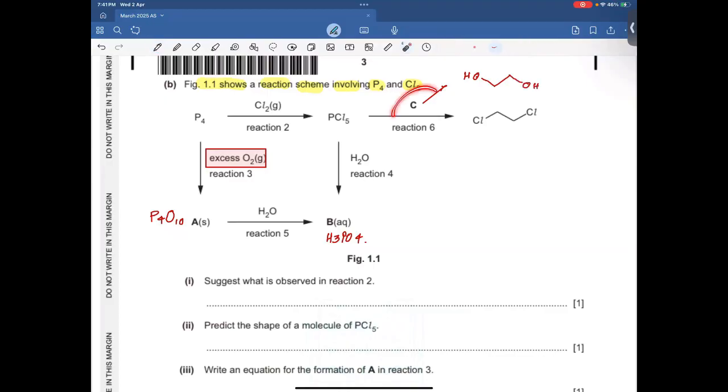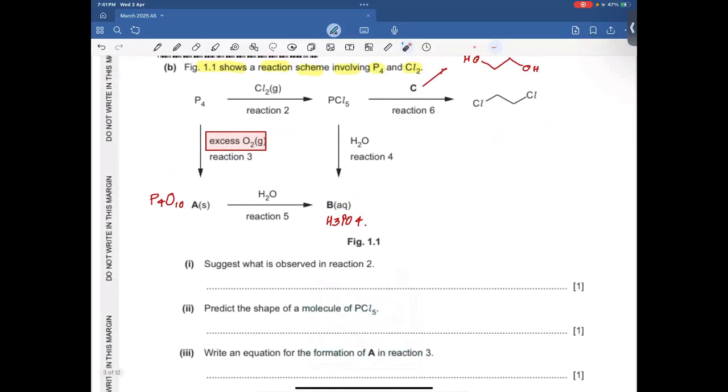So C is going to be a diol, because when a diol is treated with PCl5, it will substitute both OH through chlorine atoms. All right. So PCl5, when treated with a diol or ethane-1,2-diol, I'll get this compound due to substitution of OH through chlorine atoms. We have done this reaction in our lecture, if you remember.